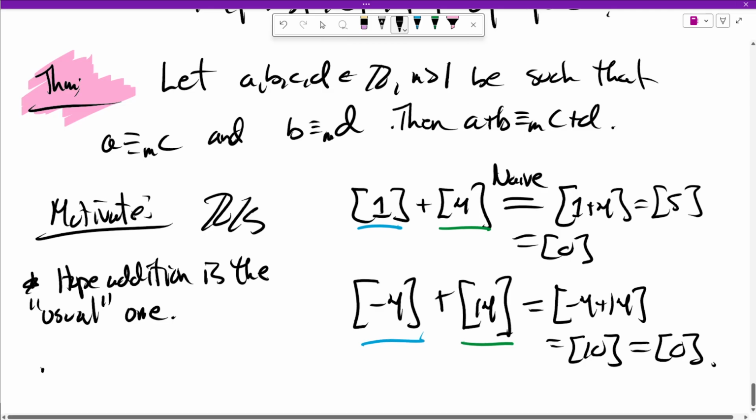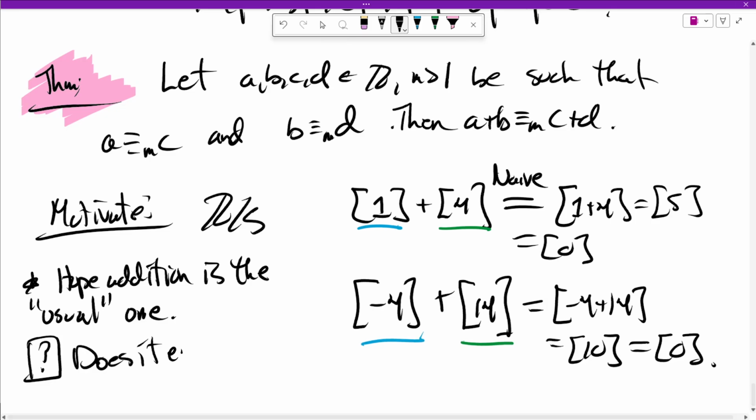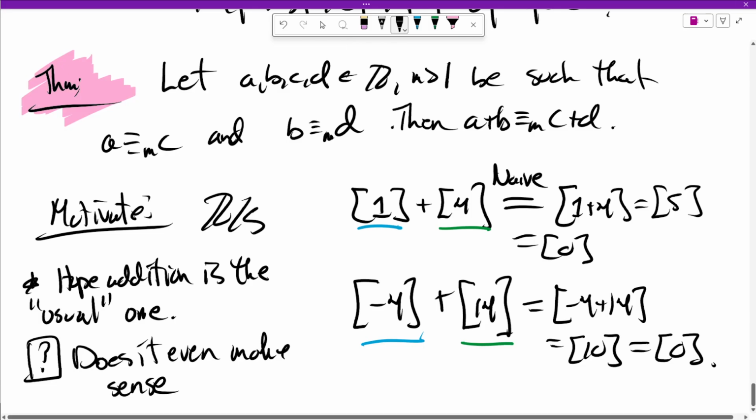So the main question here is, does this even make sense? Because we're dealing with equivalence classes, and as a meta principle, whenever you're dealing with equivalence classes, you always have to worry about if an operation is well defined.